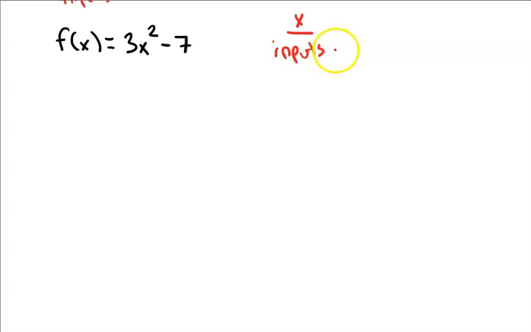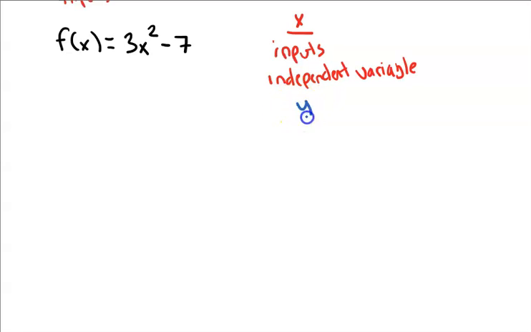We also call it the independent variable, and the reason for that is because I can put whatever value I want into that spot. Its value is not determined by the y.